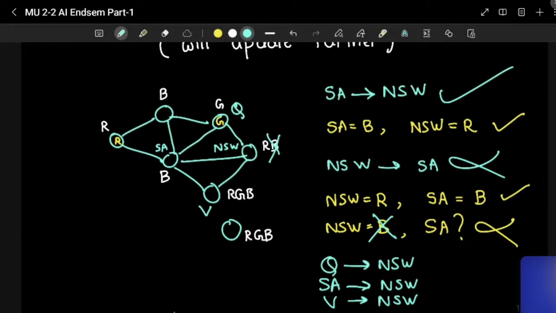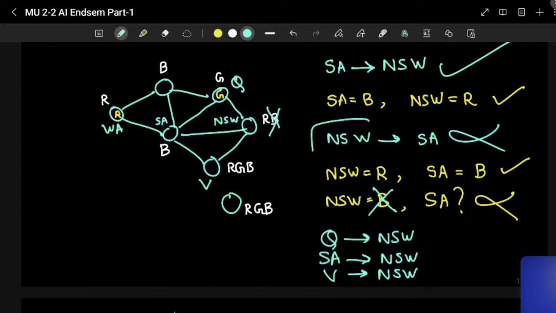So here what we did is we started with a state where WA was assigned R and Q was assigned G, and then we were checking certain arcs. We were checking if the arc NSW, SA was consistent. How do we check that?